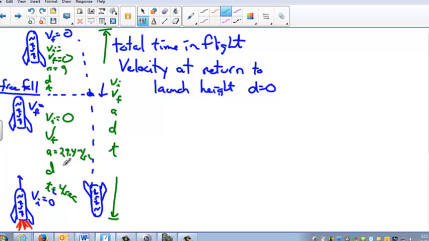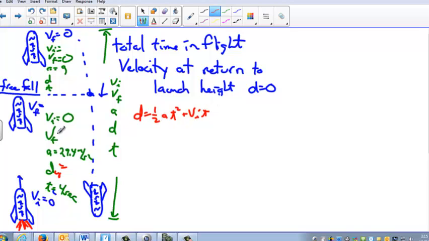We know this information, and we're looking for the displacement, or dy in this case, the height in the y direction. So the formula that we need to use there is d equals 1/2 at squared plus vit.